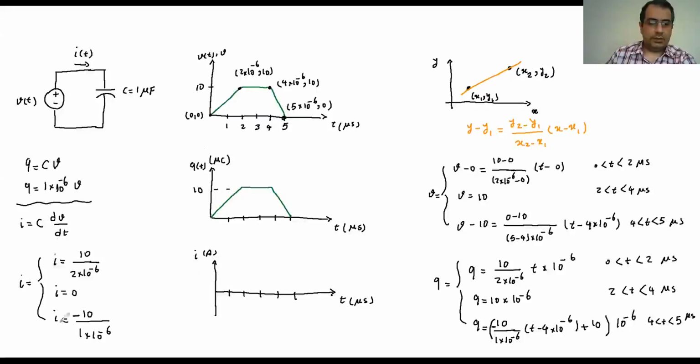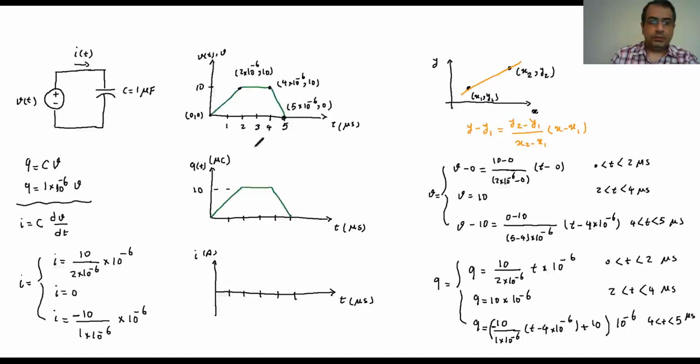And then if I draw the current here, oh sorry, for the current I forgot the C. It's C times dV over dt, so I have to multiply all of them by C, and it's going to be 0 regardless of that, and it's going to be times 10 to the negative 6.